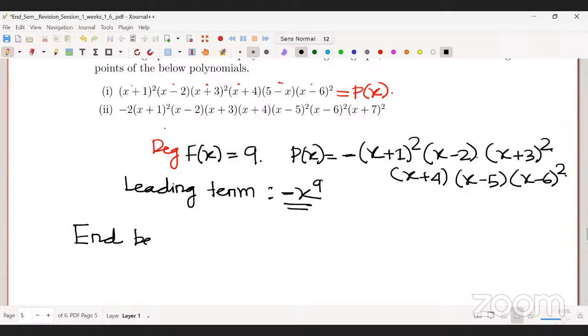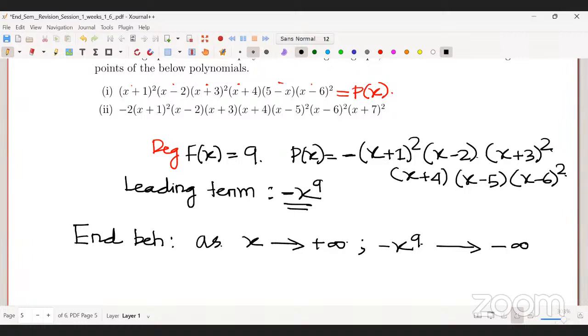Like the minus x cubed graph. Sorry, as x tends to infinity, the function value tends to minus infinity. Correct. So as x tends to plus infinity, from here you can say that this minus x power 9 tends to minus infinity.